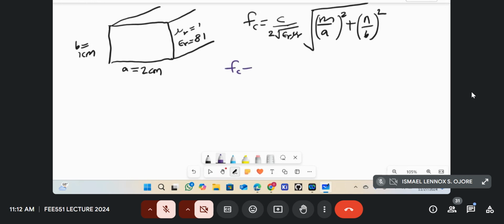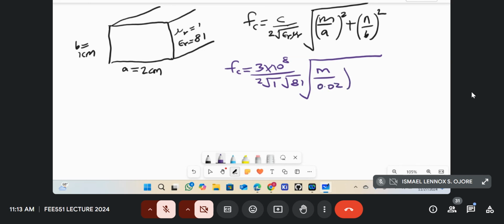Okay, so we have Fc as the speed of light over 2 into the square root of mu r as 1 and the other one as 81, into the square root of m over a in meters squared plus n over b, where b is 1 centimeter, squared.